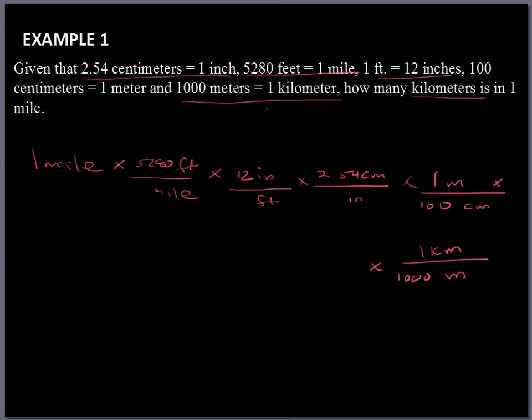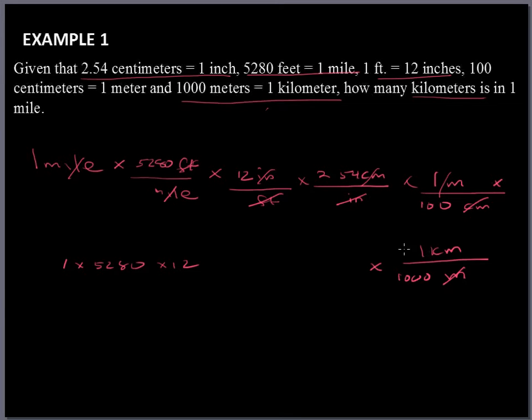So all we need to do is look at all the top numbers, multiply them, and multiply the bottom numbers, and then we divide. Therefore, we have 1 times 5280 times 12, because as you can tell, this mile will cancel this mile, this feet will cancel this feet, this inch will cancel this inch, centimeter will cancel centimeter, and the meter here will cancel meter.